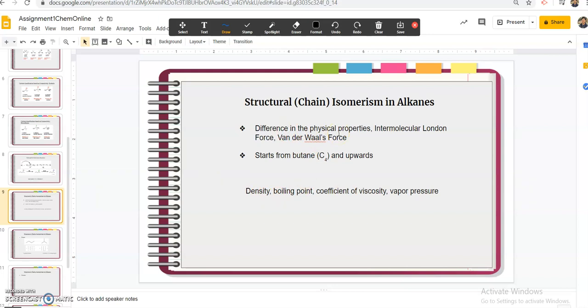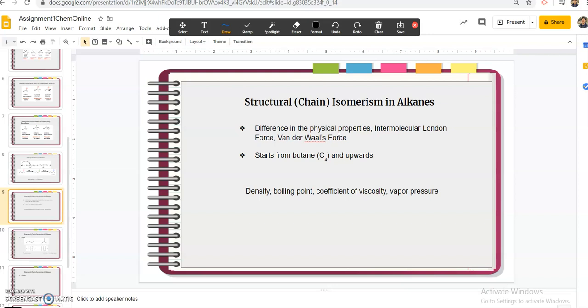What I'm going to tell you right now is that boiling point and density are both related to London force, which is an intermolecular force. The London force increases when the contact surface area increases. So if you have a linear alkane and an alkane with the same number of carbons which is branched, the linear alkane would have more density, a higher boiling point and more viscosity, because there is more contact surface area in linear alkanes.